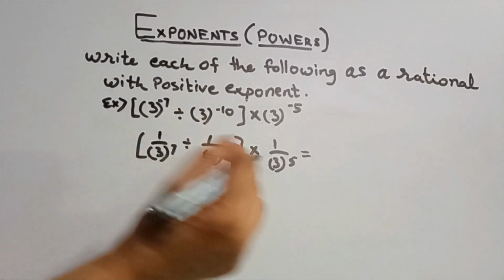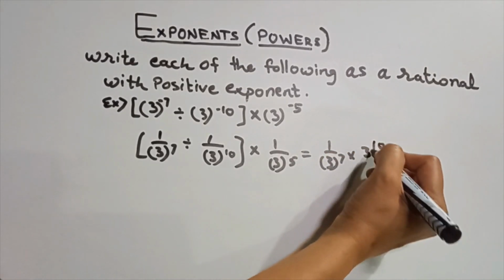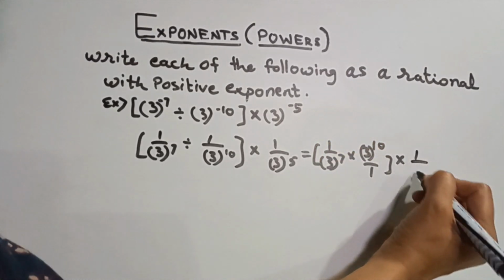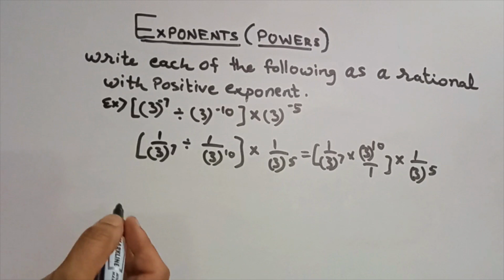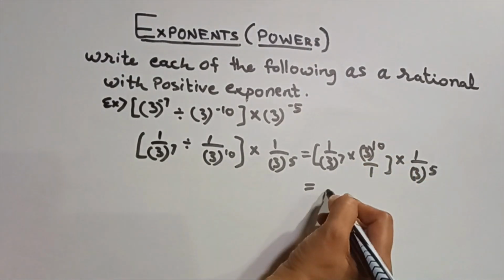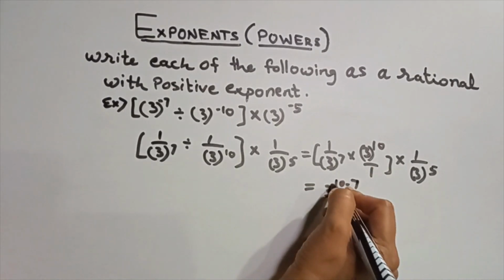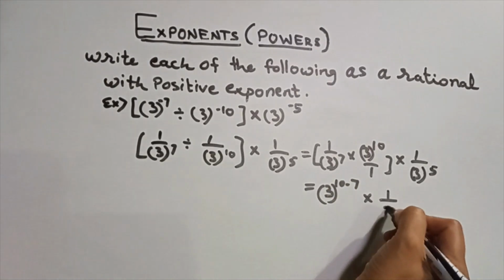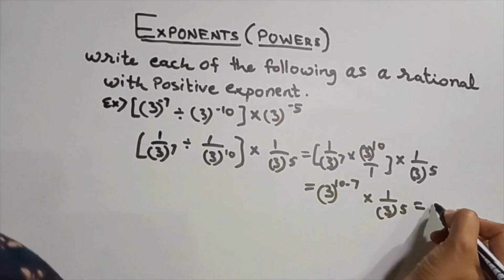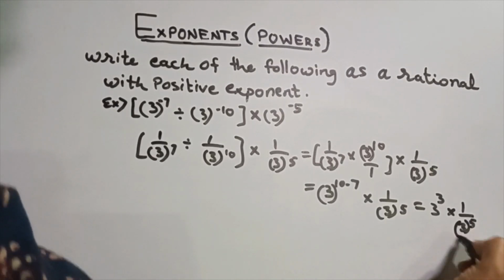This is a division sign, so taking the reciprocal of it, 1 upon 3 raised to 7 into 3 raised to 10 upon 1, multiplied with 1 upon 3 raised to 5. 3 raised to 10 upon 3 raised to 7. The base is same, so we'll subtract the powers. 3 raised to 10 minus 7 is 3 raised to 3, into 1 upon 3 raised to 5.